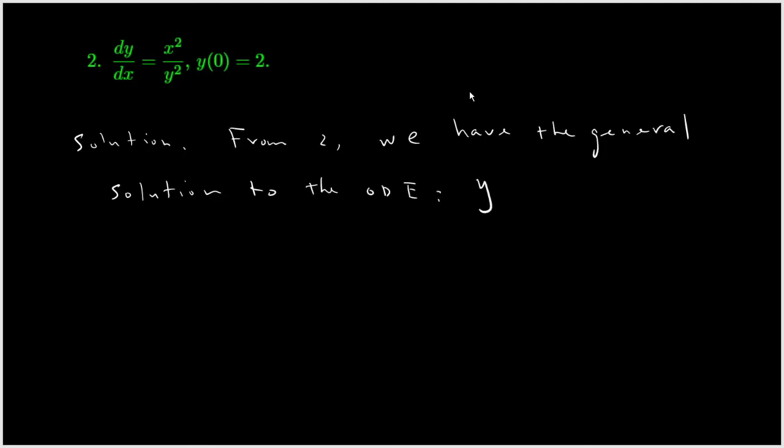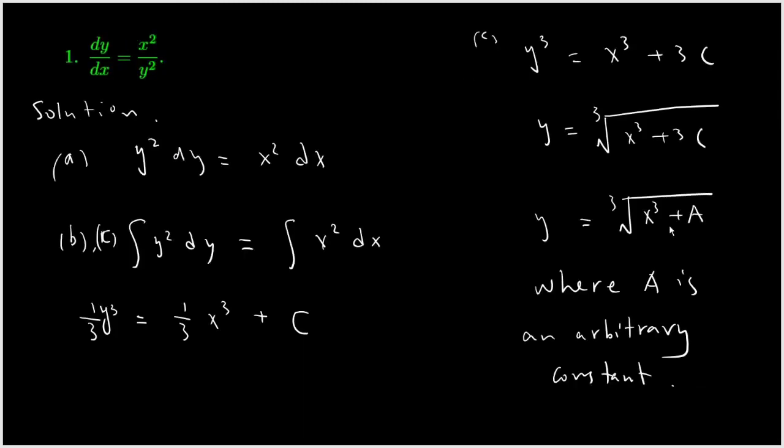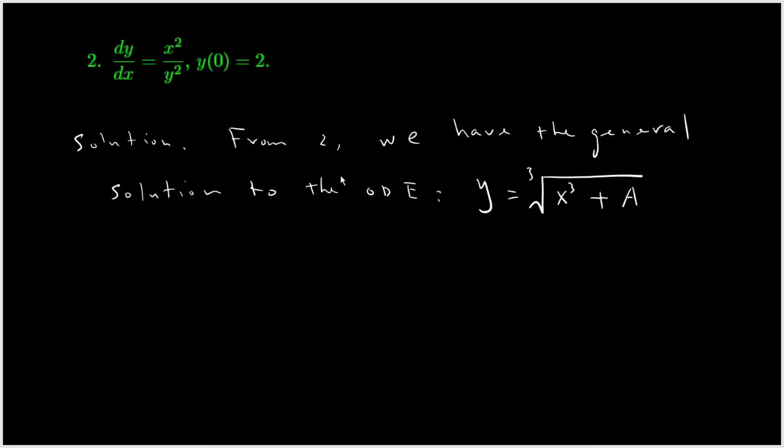The general solution is y equals, I think, the cube root of x cubed plus a. I think I got it right. y equals the cube root of x cubed plus a, where a is a constant. Now all we need is to use the initial condition to determine the constant.